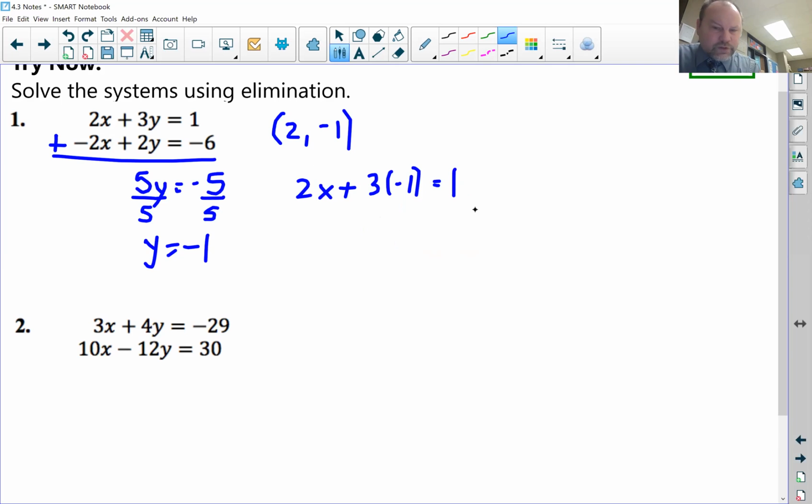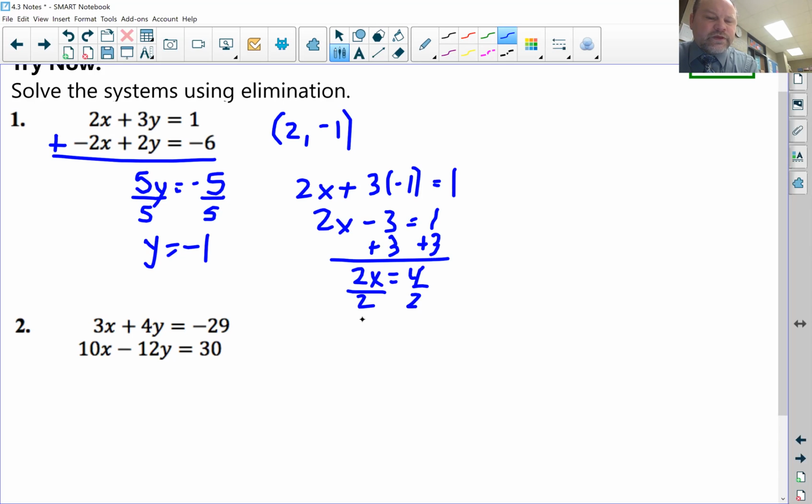I made a mistake. 2x minus 3 equals 1. Add 3 to both sides. 2x equals 4. Divide by 2. We get x equals 2.